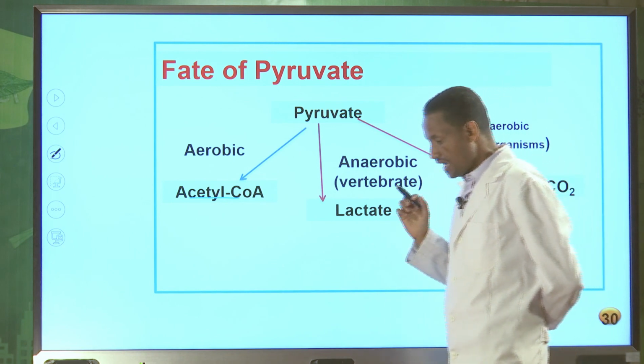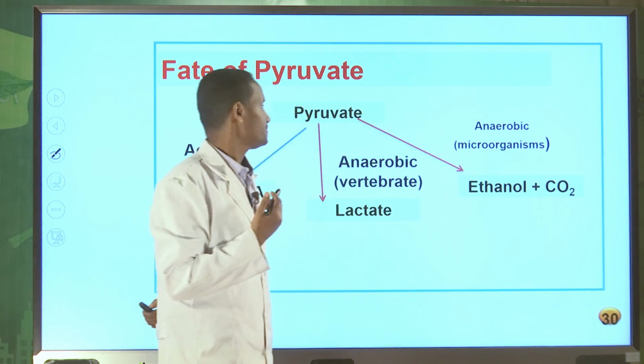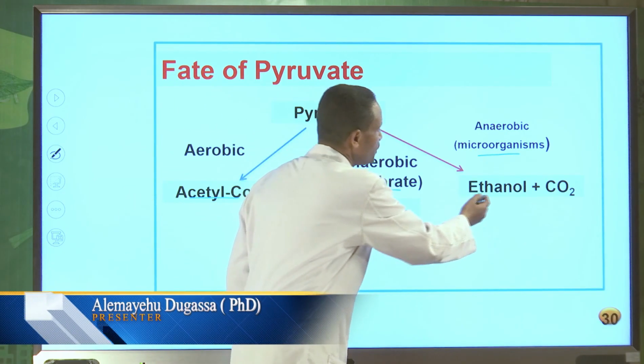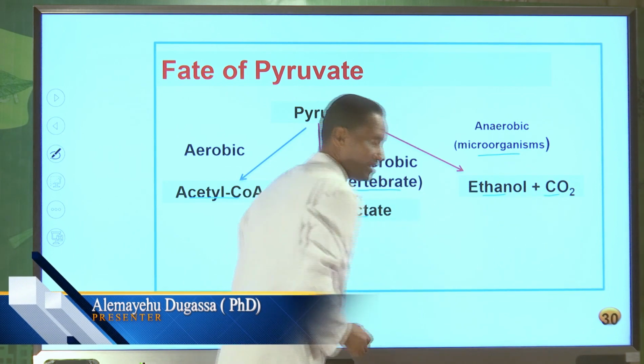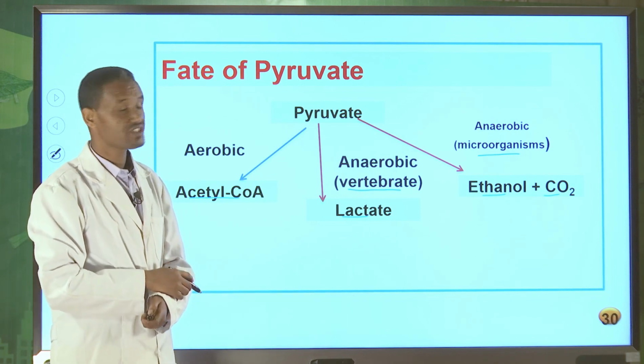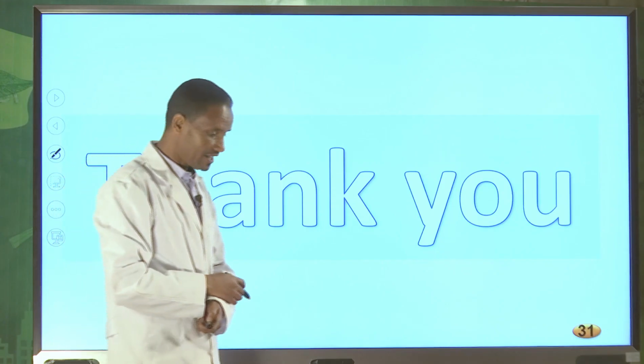But if there is not enough oxygen, in anaerobic conditions, it can be converted into lactate by vertebrates. In microorganisms such as yeast, it can be converted into ethanol and carbon dioxide. This is the fate of pyruvate produced by glycolysis. This is all about our lesson 3. Thank you very much.